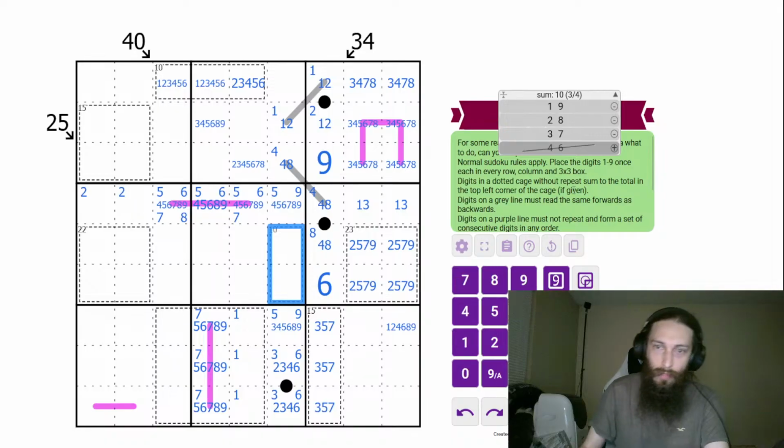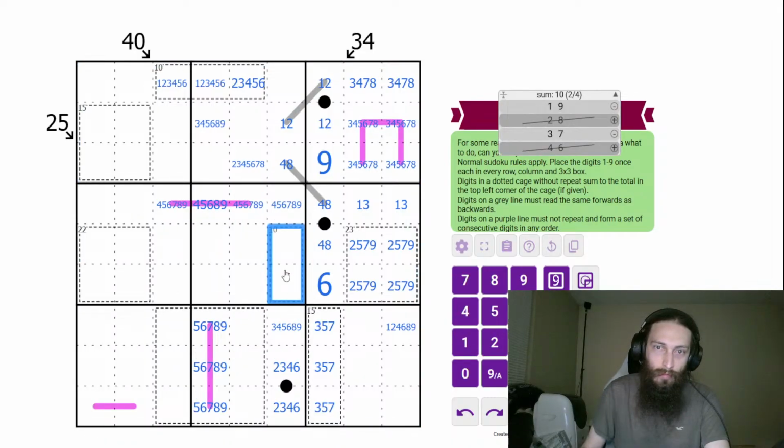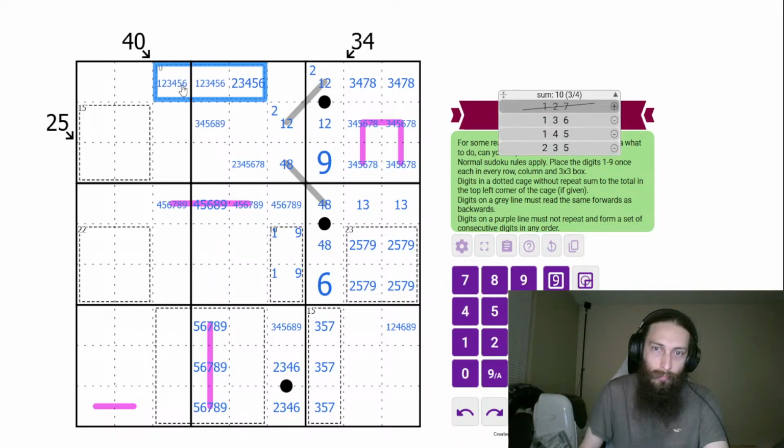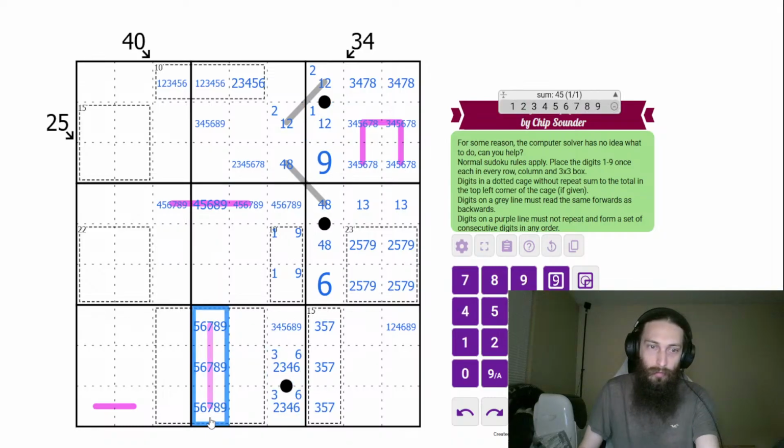So this cannot be 2 and 8. If this is 1 and 9, we get a pair of 2s. And a 1. So this would be 3 and 6.